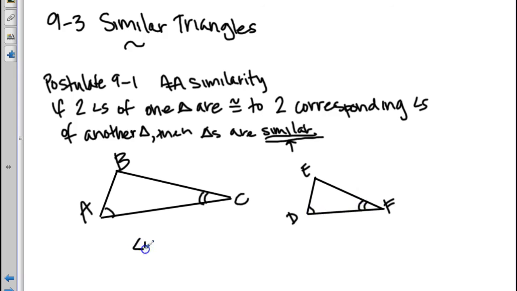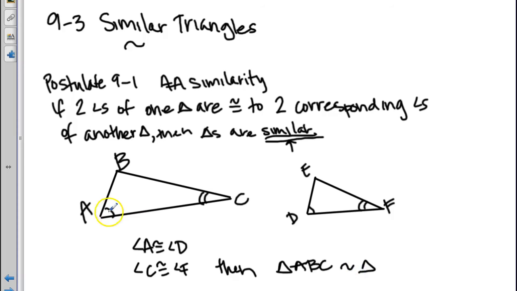So this tells me angle A is congruent to angle D, and angle C is congruent to angle F. Then triangle ABC is similar to, now I have to make sure I went ABC, one mark, not marked, two marks. I want to do the same thing over here. One mark, not marked, two marks. We want to make sure that we have those corresponding angles and sides in the right spots, that they are corresponding in our writing just like they are on the picture. So triangle ABC is similar to triangle DEF.